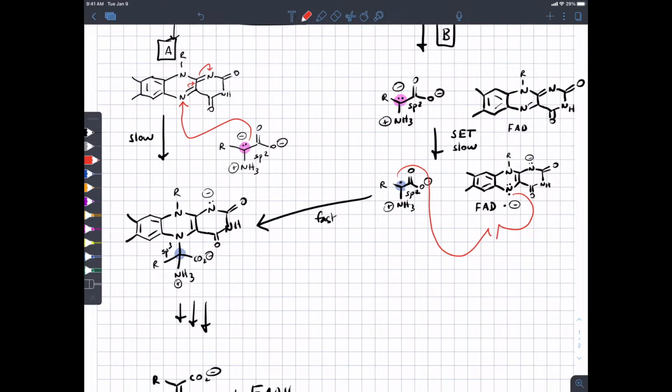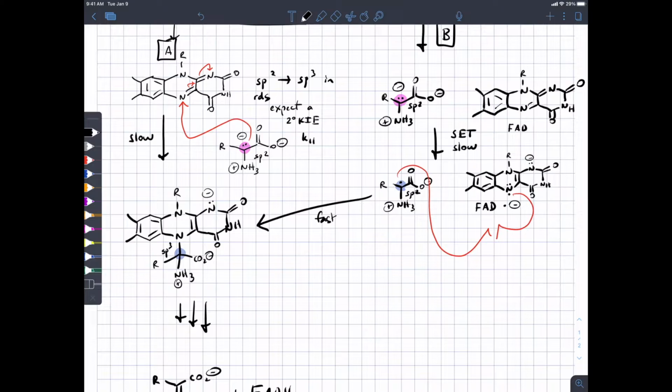Well, in one of them, the slow step has a hybridization change. In the other, the slow step has no hybridization change. When we go from sp2 to sp3 in the rate determining step, with substantial rehybridization in the transition state, you would expect, if you could swap out hydrogen versus deuterium, a secondary kinetic isotope effect.